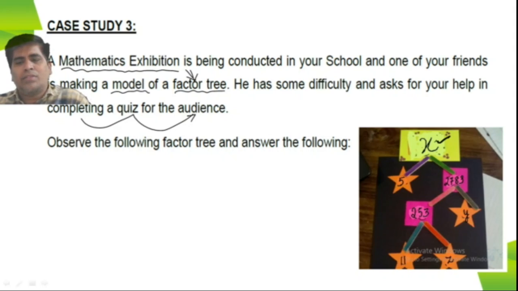Again 2783 is divided into a product of two numbers, 253 into something, and 253 is divided into 11 into some z. He made the mathematical model in this way. So we have missing variables x, y and z. I think your friend is finding difficulty finding the x, y, z values.